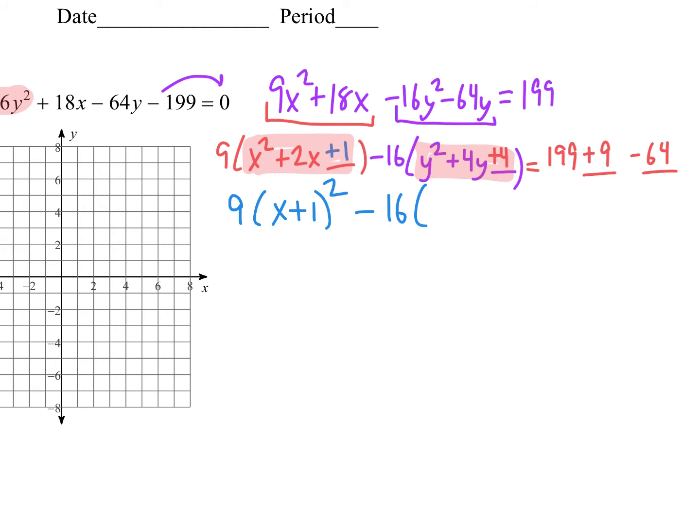The next one, the y squared plus 4y plus 4, is really y plus 2 squared. And then combining all these terms, 199 plus 9, take away 64 is 144. Okay? So very similar to the ellipse, we need that to be a 1, so we're going to divide every term by 144.